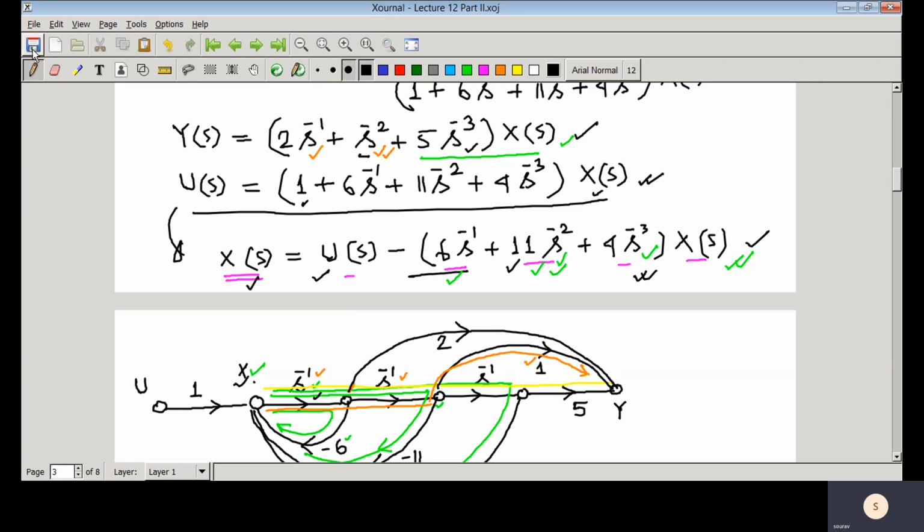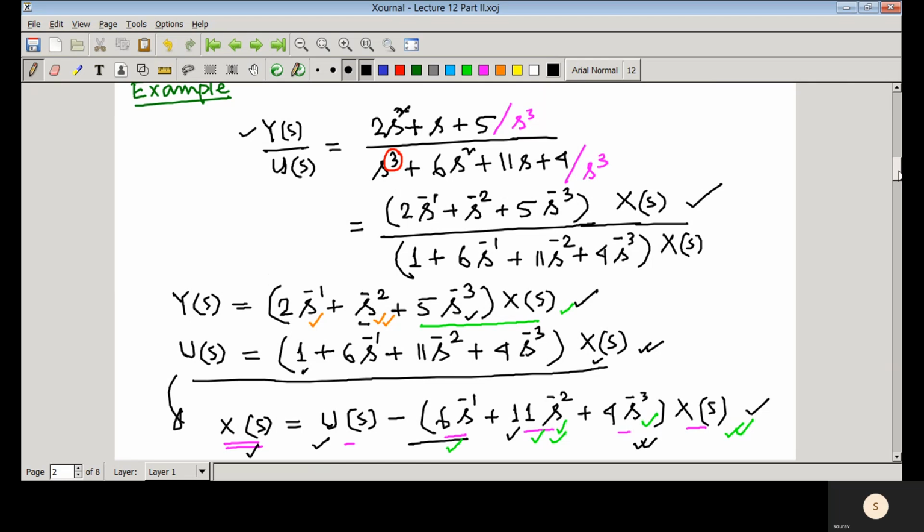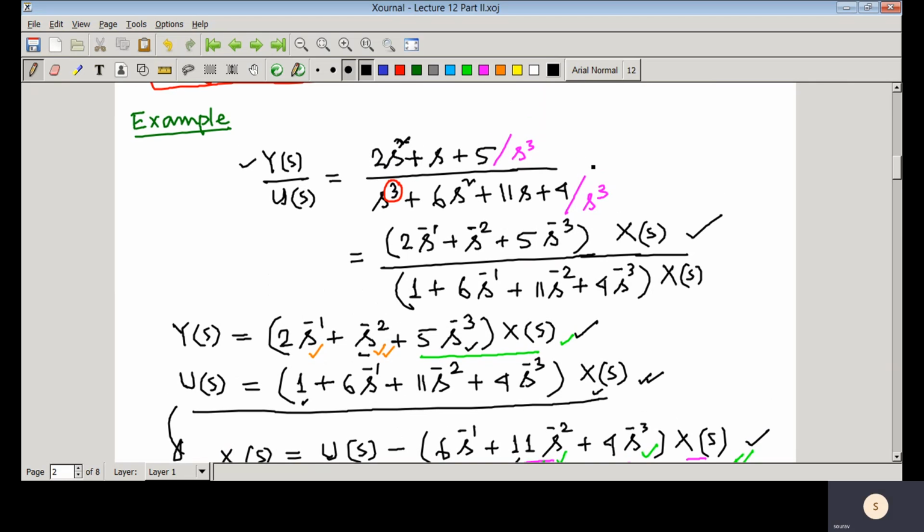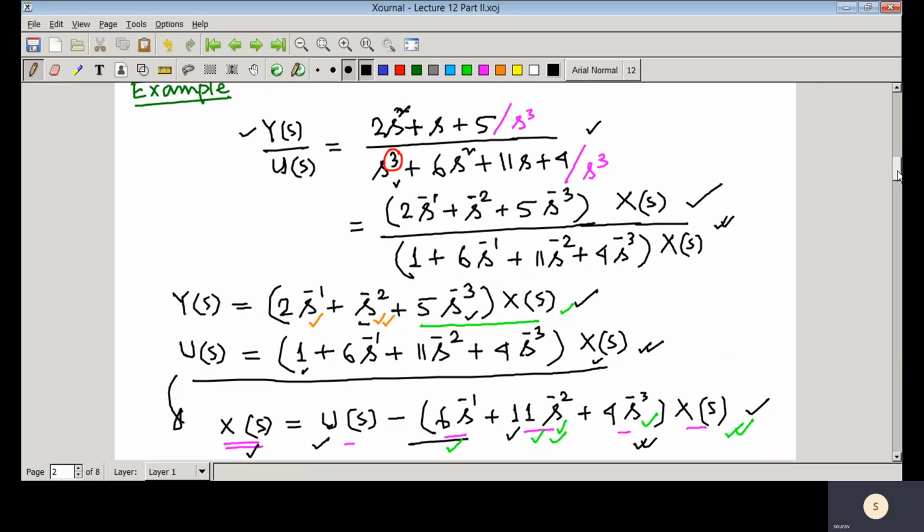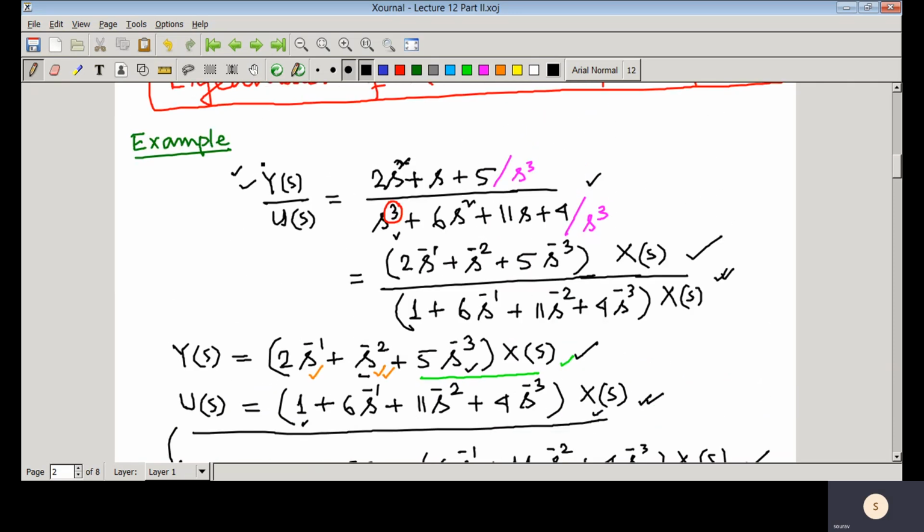So interestingly, what we have seen: we have this transfer function, then divided numerator and denominator by the maximum degree of the denominator, and then we get this particular expression. Then if we equate the numerator with this numerator, we have this relationship, and if we equate the denominator, we get this relationship.